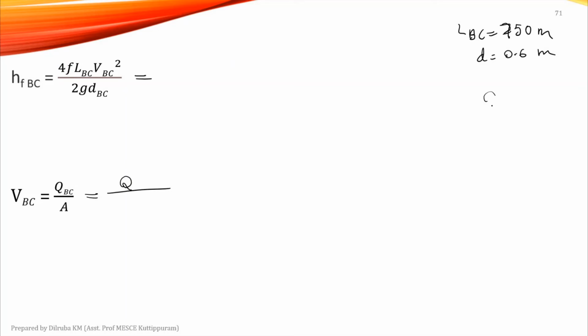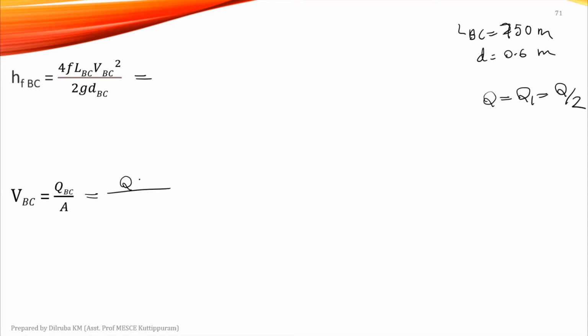In a similar way, let us calculate the head loss at BC. Length of BC is the same, 750 meter, and diameter is the same, 0.6 meter, and VBC is equal to QBC by A. QBC was Q1, which is equal to Q by 2.